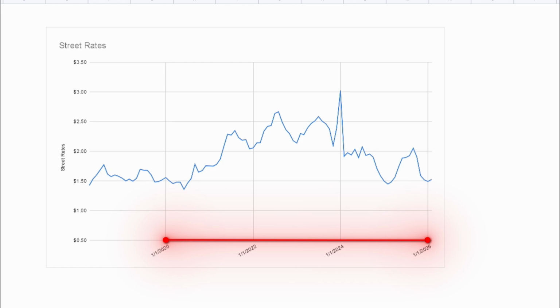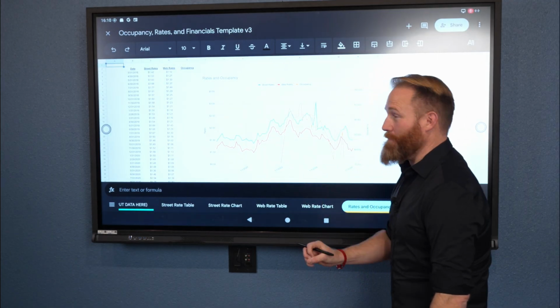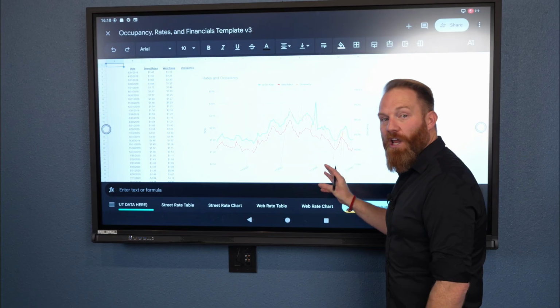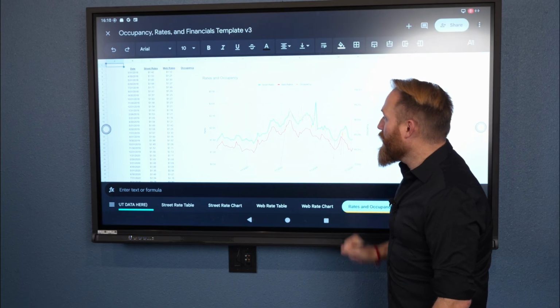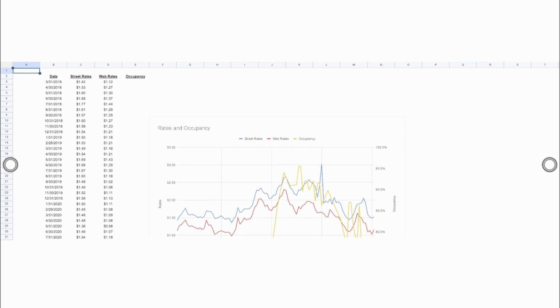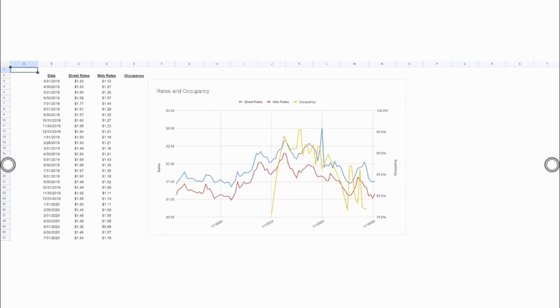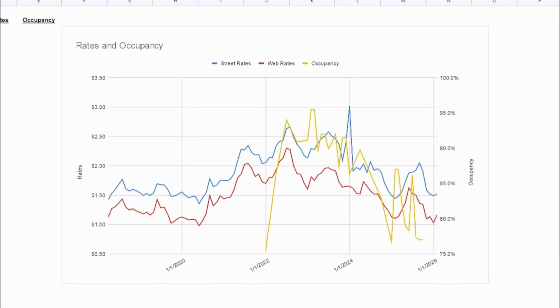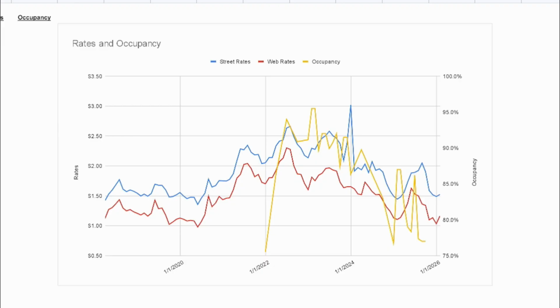Now, let's take those same competitors and let's plot the competition out on a market of those individual facilities. Let's take a look at the occupancy, their two different rates, their web rates, as well as their street rates, and we can plot it out over this time and we can see performance.